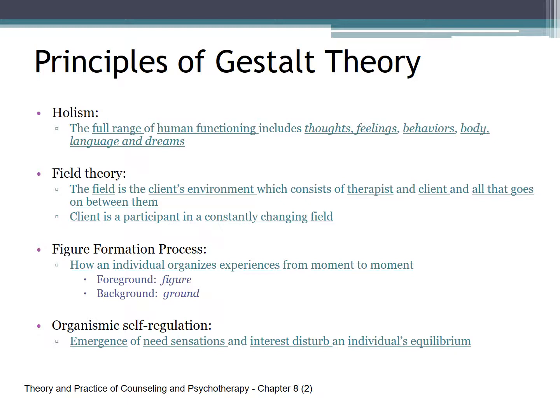So that helps in identifying what you see. When we're talking about figure formation, how an individual organizes experiences from moment to moment, that affects how you see. If the background wasn't there, would you be able to actually see the figures or the words on the page? So that helps with determining and organizing experiences from moment to moment.